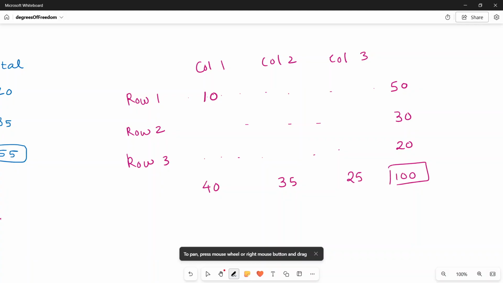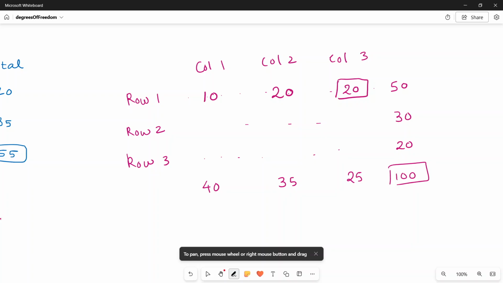But I still have the freedom to choose the contents of column 2. Now let's say I choose row 1, column 2, to be 20. I can do that. But now, this is 10, this is 20, and the sum has to be 50. Therefore, this has to be 20.